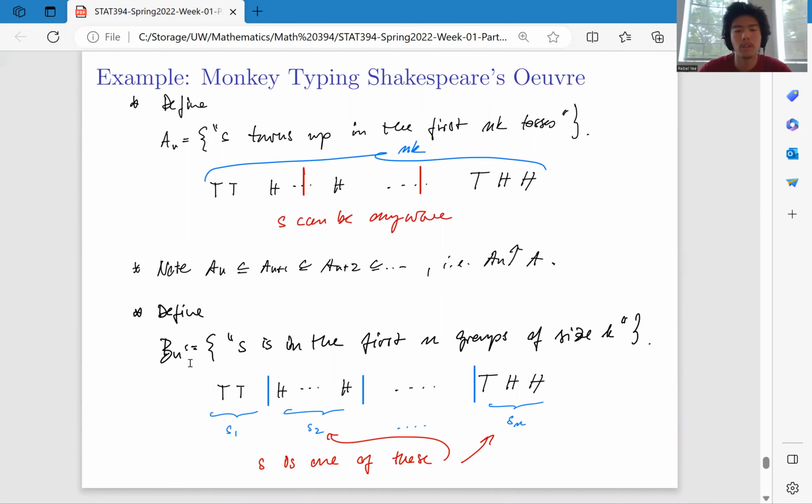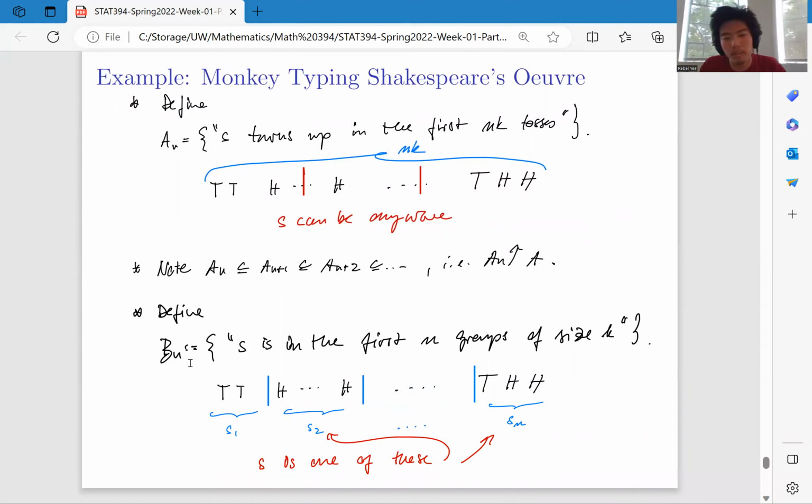So what's the difference between An and Bn? An can be, we just say nk is a very large set, it's n times k, which means the first n terms, S1 to Sn, and you can partition any sequence of length k in that set.